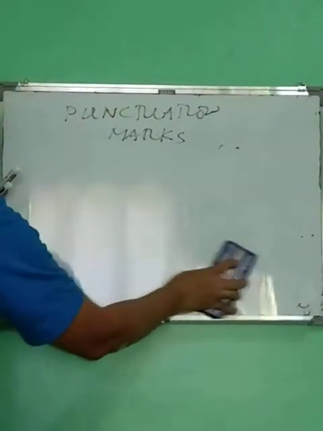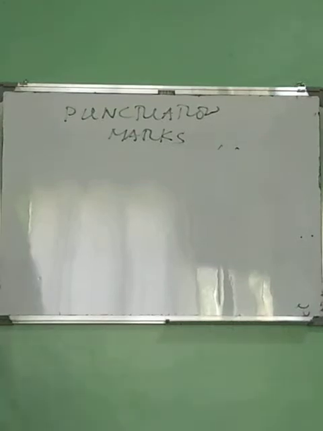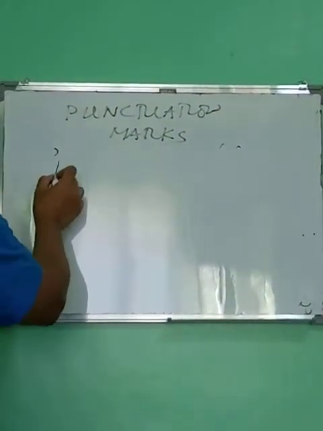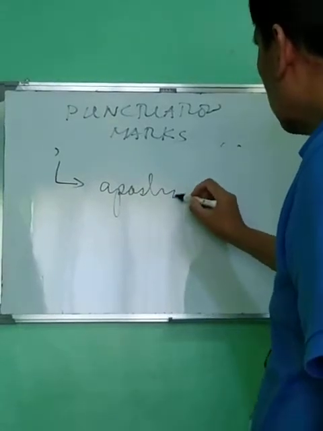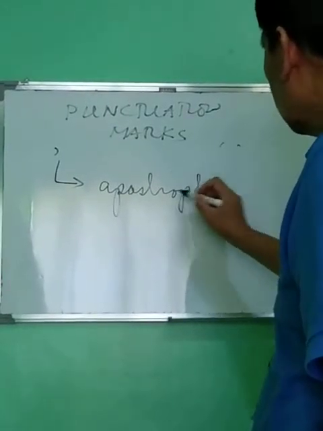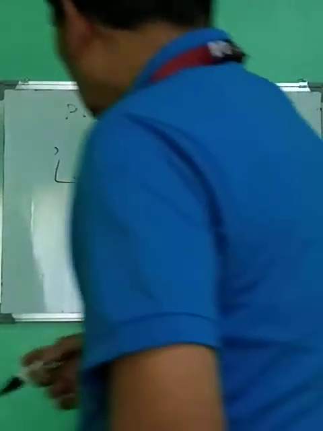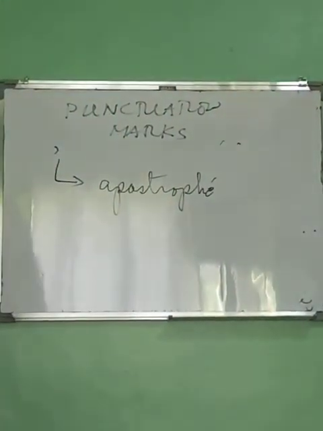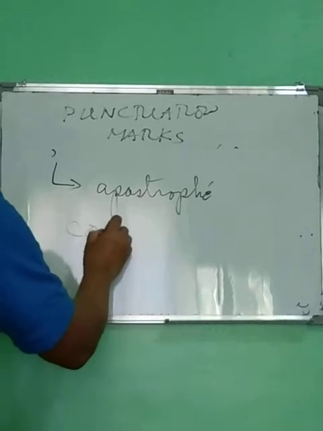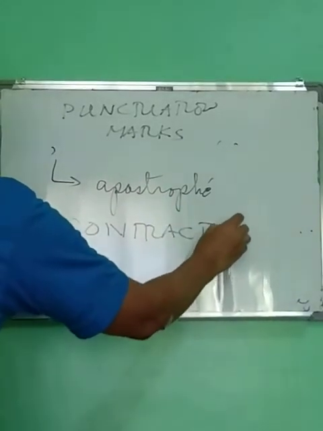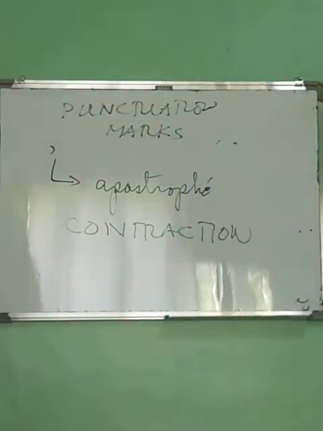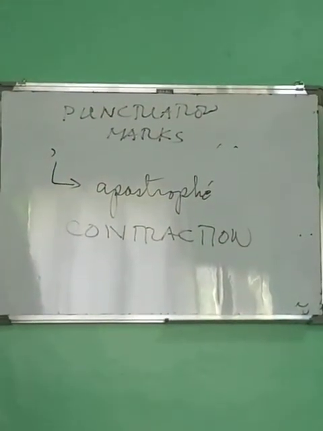What else are the most commonly used punctuation marks? Then we have this. What do we call this? How do you spell that? Apostrophe. I hope that you get the spelling right. An apostrophe is used, for instance, if you are making a contraction. What is a contraction? Well, joining two words together, but you have to omit certain letters.